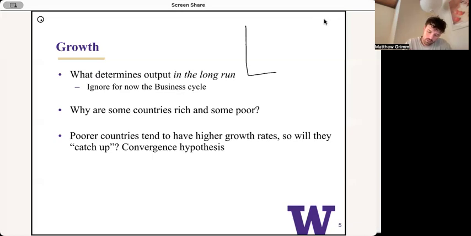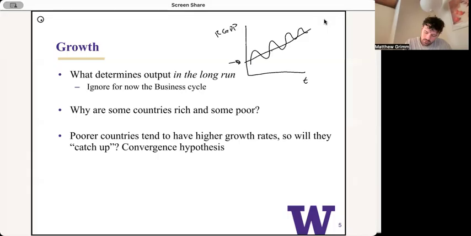Again, remember, let's plot real GDP, and this is time. So we know things go up and down through the business cycle, like so. What we're really going to focus on is this line that we draw straight through the business cycle, as real GDP rises over time.